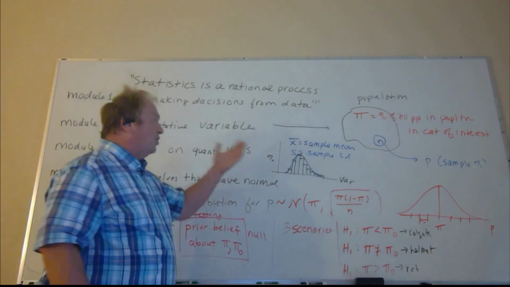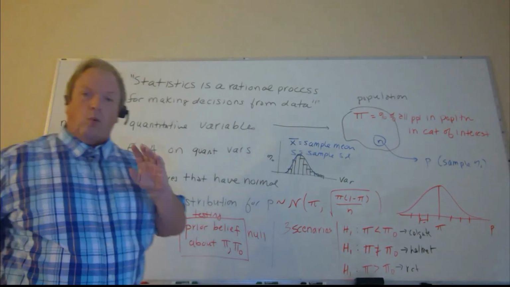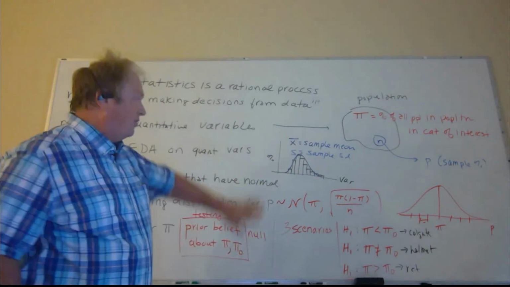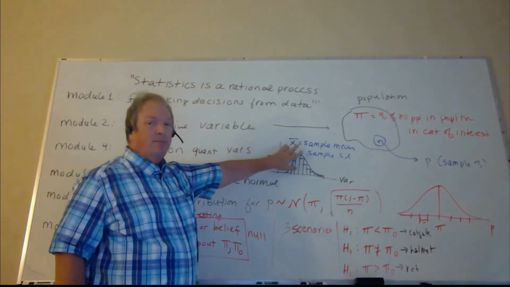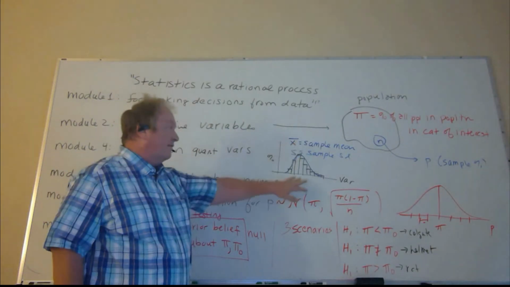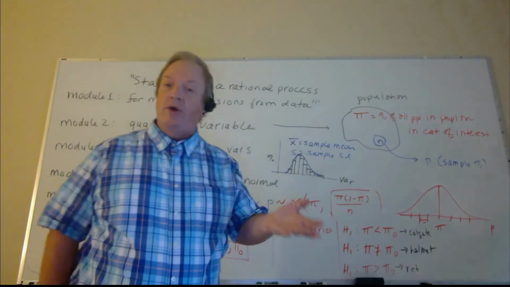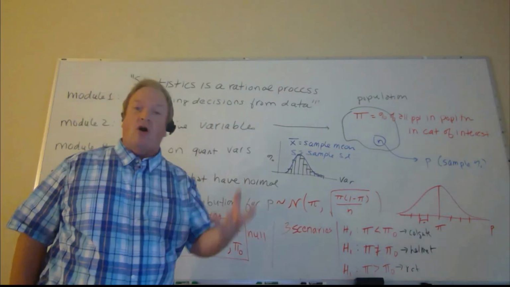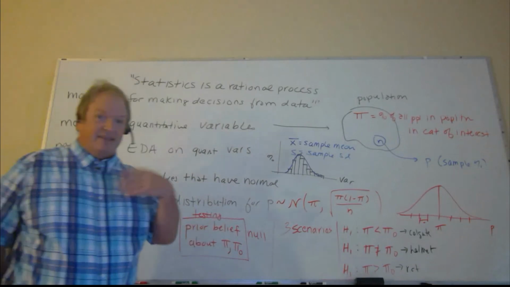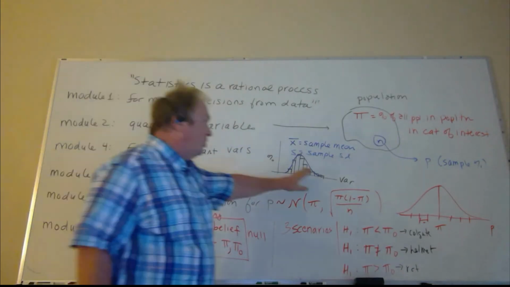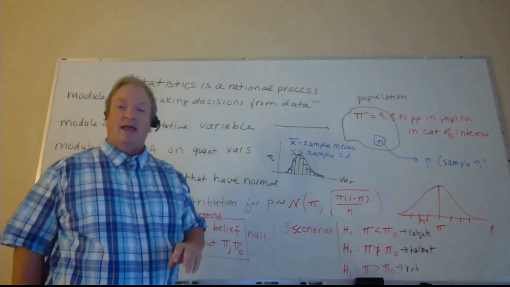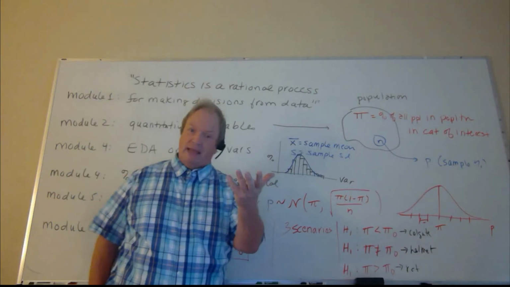And one interesting question occurs, which is, why are we interested in the mean? Notice that for this distribution, the sample mean is not the center of the distribution, because I've drawn this to be right skewed. And so you might ask, why don't we use the median? The median is always the safe choice. If it's skewed, the median works. If it's symmetric, the mean is equal to the median.